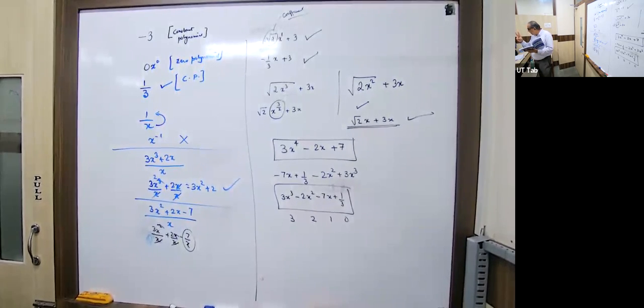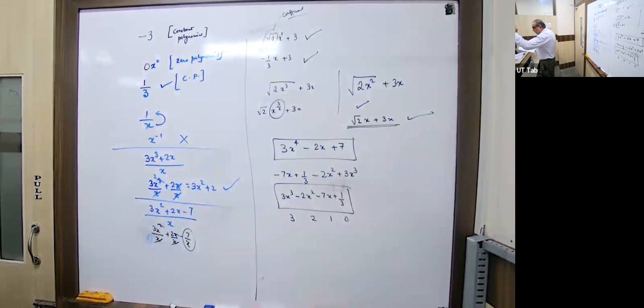Quadratic polynomial degree is 2. Cubic polynomial degree is 3. Now, zero of a polynomial: a real number a is said to be a zero of a polynomial if f of a is equal to 0. That means when I substitute the value of x in the polynomial, the resulting answer, or the remainder, should be 0.